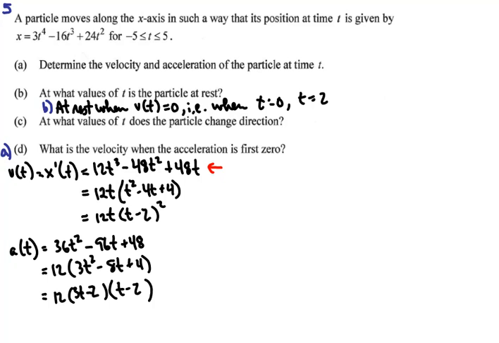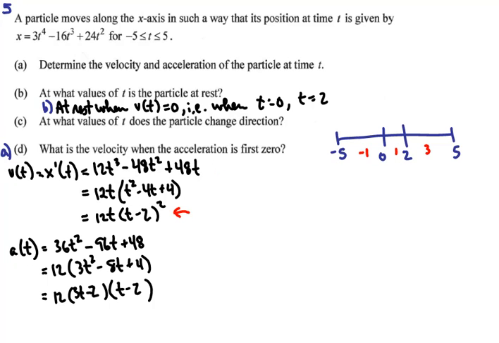Now to tell when it changes directions, I have to do more than that. I need a sign test. I have a closed interval from -5 to +5, and I have two critical numbers, 0 and 2. So I find some test values, and this is easiest when I go back to the factored form.